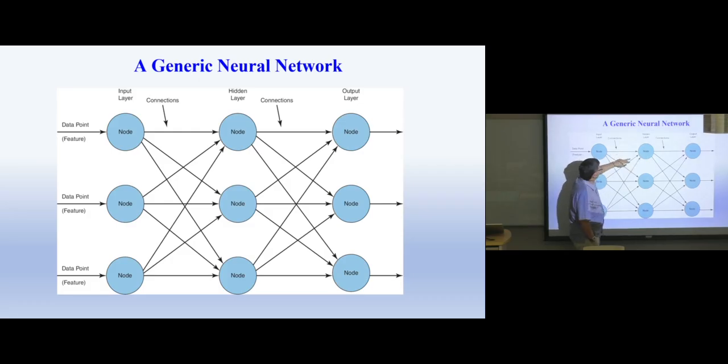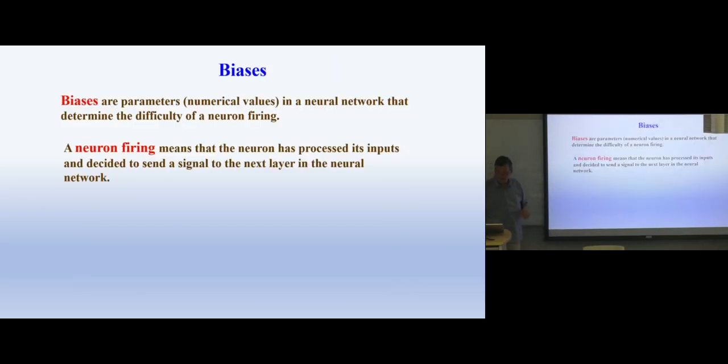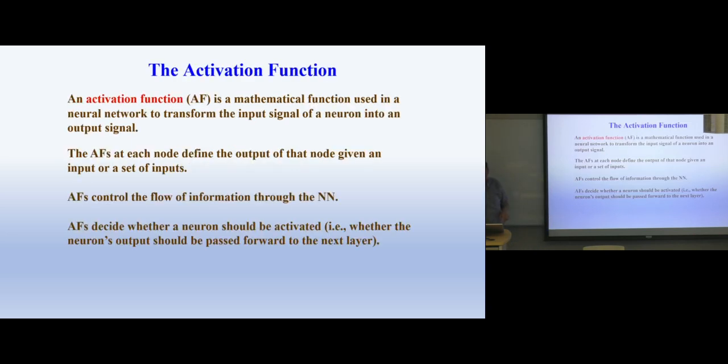I've got 3 inputs coming from the 3 input nodes. So it's dealing with those 3 inputs. It's processed those, and it's decided to send a signal to the next layer of the neural network. It has to be active enough. We'll talk about the activation function in a minute, but the bias determines the difficulty of the thing firing.